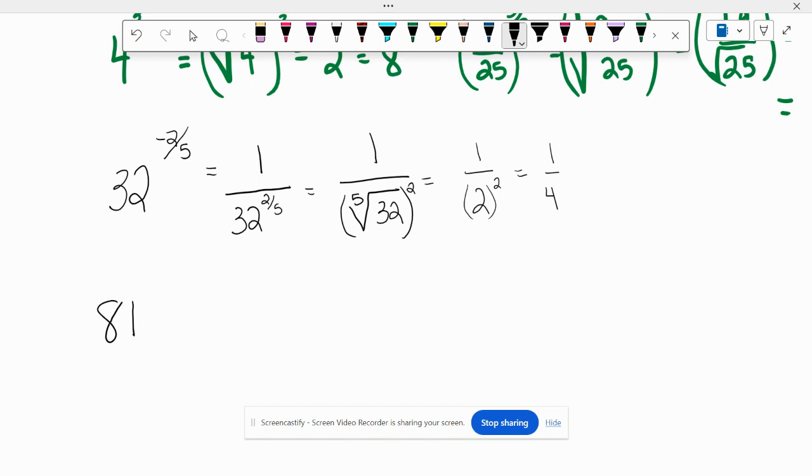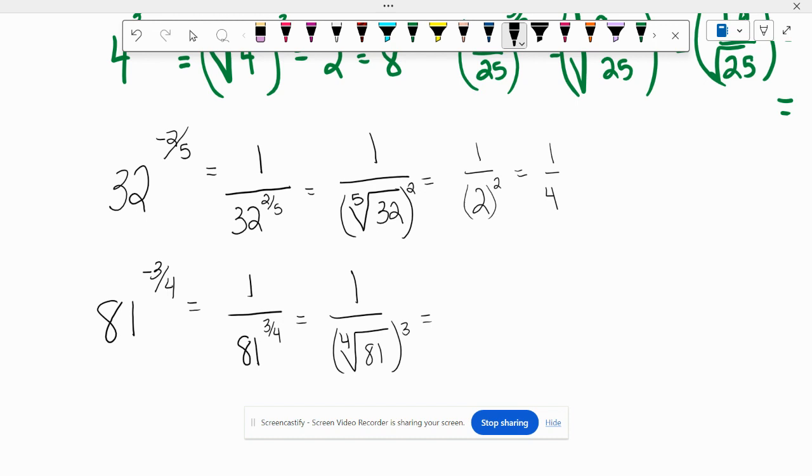Okay, what about 81 to the negative 3/4? What do I have to do first? Drop it. So 1 over 81 to the 3/4. And that means I really need 1 over the 4th root of 81. And once I get that answer, I'm going to cube it.